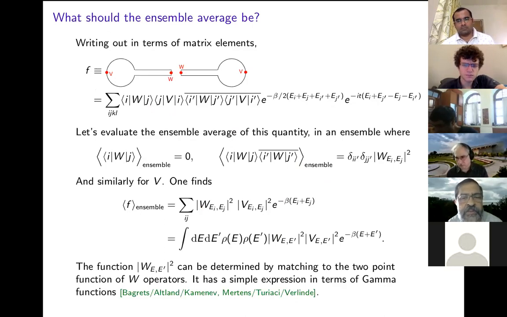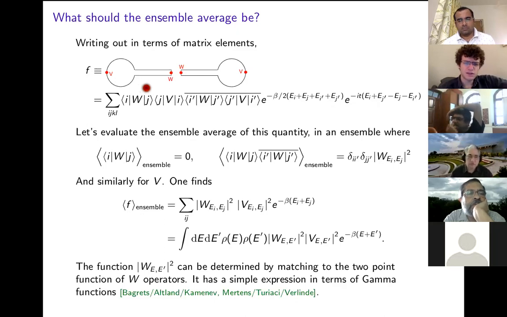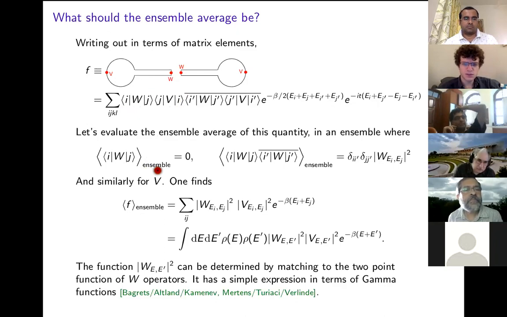Actually, yes, because let's just study one of these things. So f is a product of two factors. F is, let's call it g squared. And let's just study g. G is some quantity that has zero average in the ensemble.